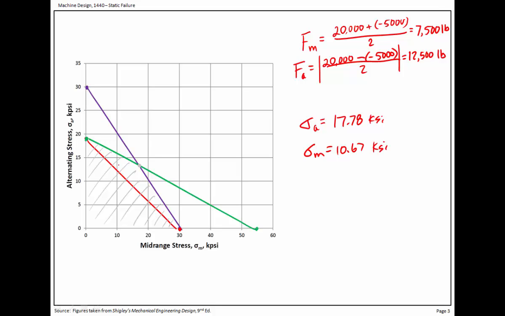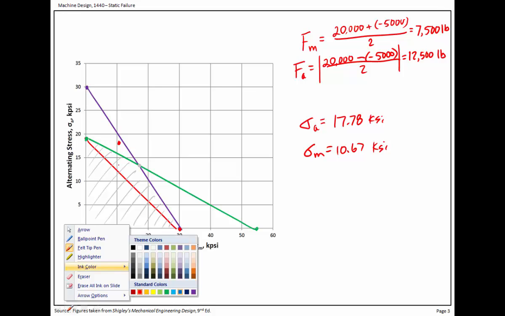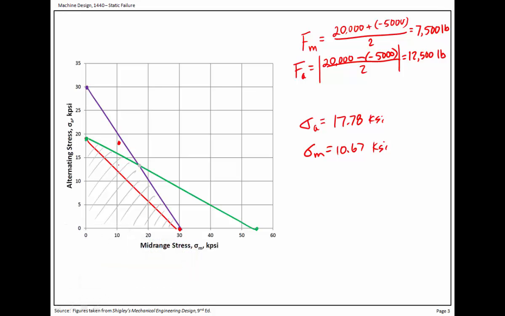If we plot a point like that, it would be close to the 10, and 17.78 would be a little more than halfway. So let's say it's right here somewhere. If we had a load line, and I'll switch to blue maybe, it would run from 0 right here to that point right there. Okay, so that's the load line.